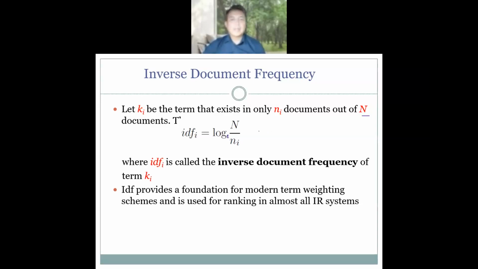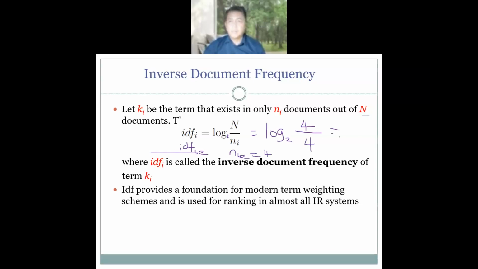For example, we have four documents in total, so log 2 of 4. And for keyword B, the number of documents that contain B is 4.